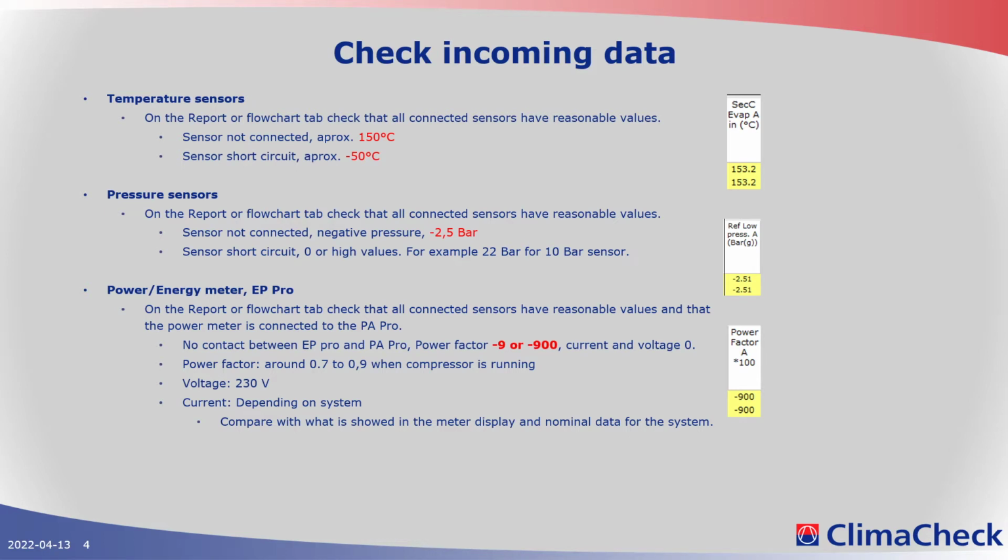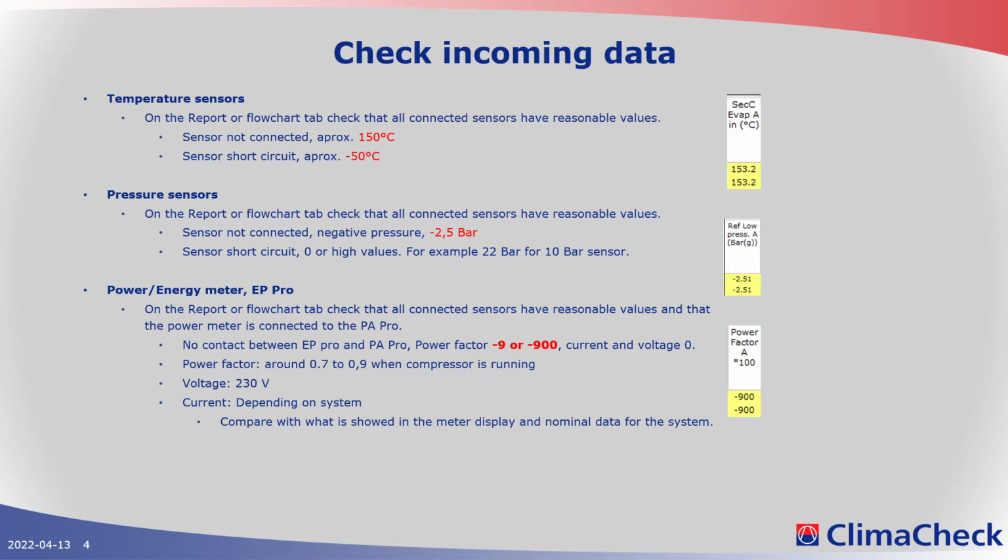We normally do not have temperatures of -50 and 150 in the normal system. There are systems with very low and very high temperatures, and then we need to take into consideration that we might need to use special sensors. But -50 is short circuit, plus 150 is open circuit. So check those.